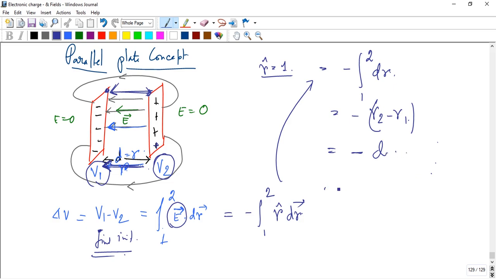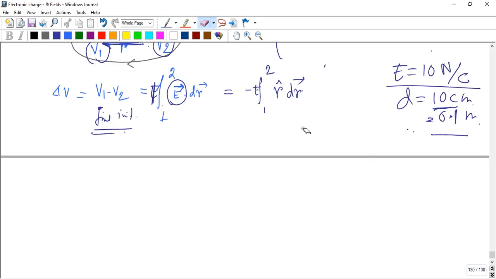Another important point is the electric field outside, and we have E dot D. The value of E is, suppose, 10 Newton per Coulomb and D is 10 centimeter, that is 0.1 meter.